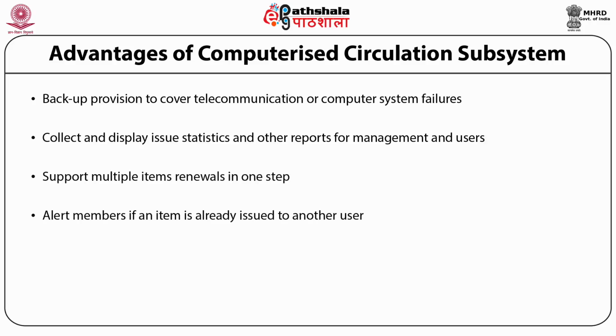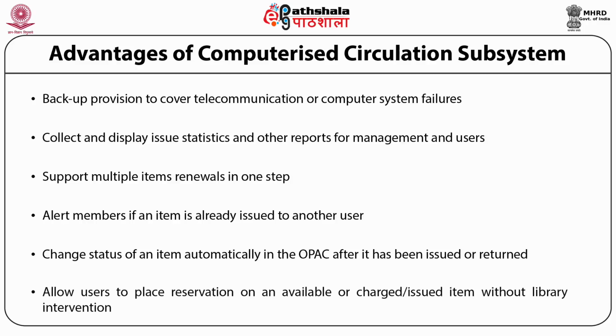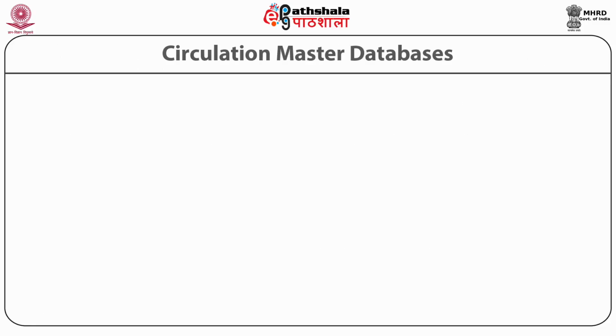Alert the members if an item is already issued to another user. Change the status of an item automatically in the OPAC after it has been issued or returned, and also allow the users to place reservation on an available or charged or issued item without the library's intervention.